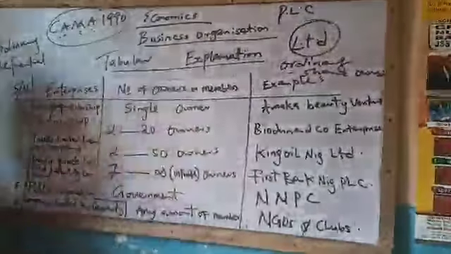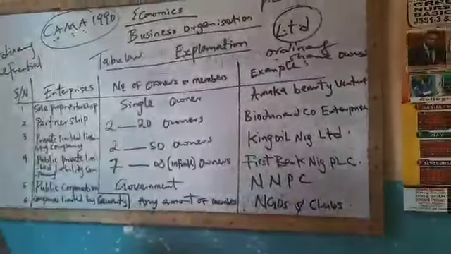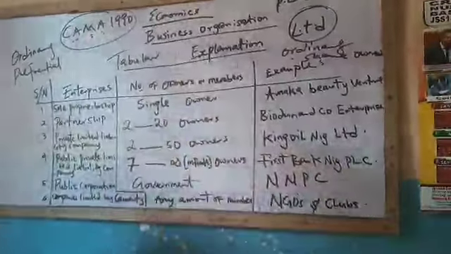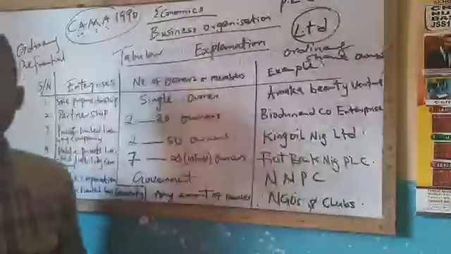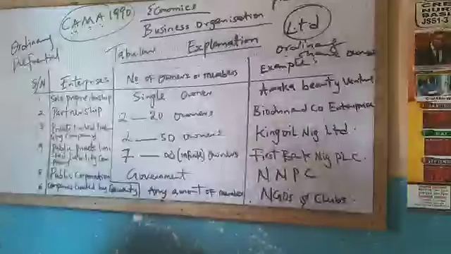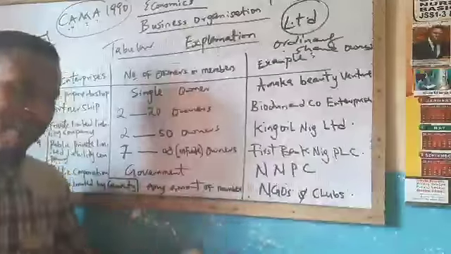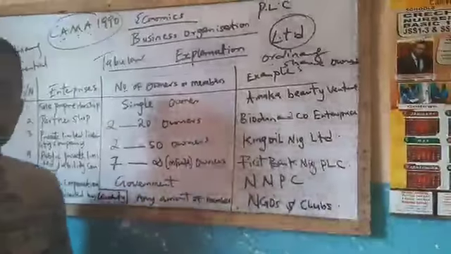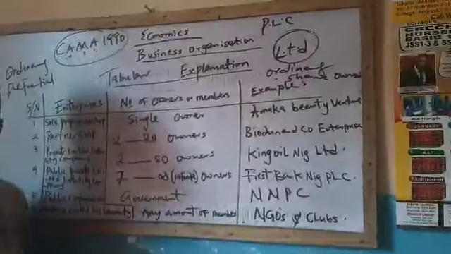Then we move to the next one, public corporation. A public corporation is a public enterprise. Public corporations are all these businesses run by government to ensure that the welfare of the people is put in place, like provision of social amenities like pipe-borne water, creation of roads, education, and others. Those are public corporations, and they are run and owned by the government.